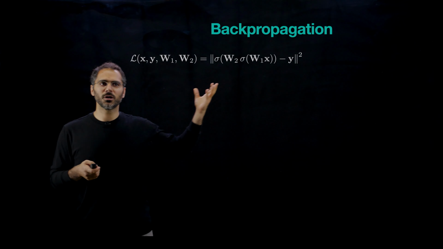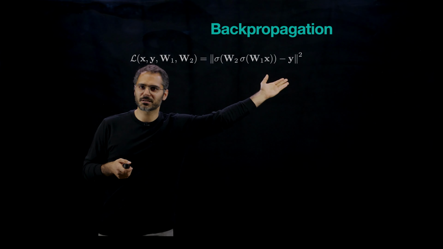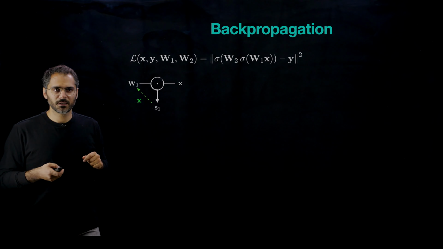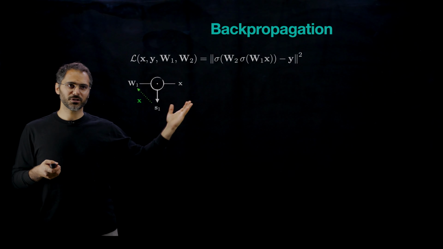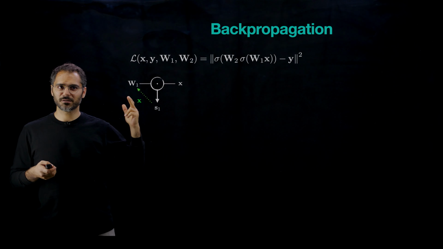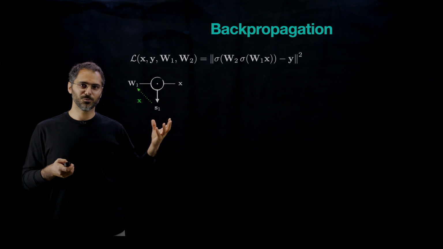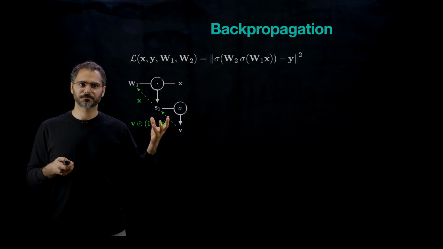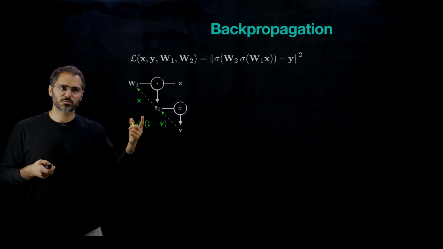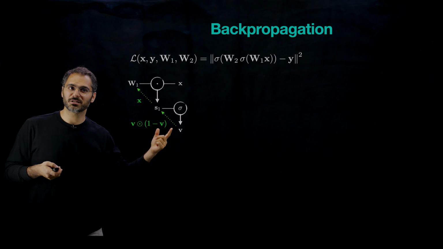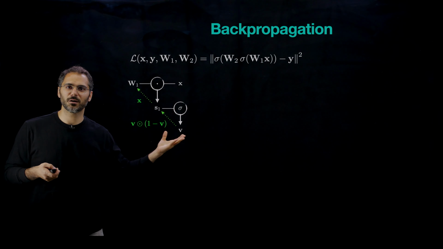So the loss function looks something like this. This is our predictor minus the true values y. And we start from the input x. We multiply it by w1, and we get to s1, the score. This sum, we define the output to be s1. Now, we take s1, and we pass it through this nonlinear function sigma, and we get v. This is our hidden layer v.